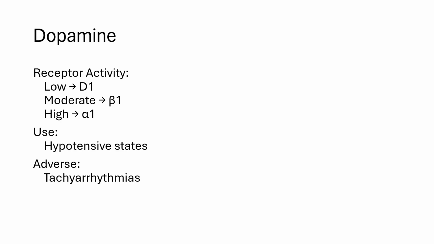At high doses, dopamine stimulates alpha-1 receptors, leading to vasoconstriction and increased systemic vascular resistance. So depending on the dose, dopamine can increase cardiac output, systemic vascular resistance, or both. It is used in hypotensive states when augmentation of cardiac output or vascular tone is needed.